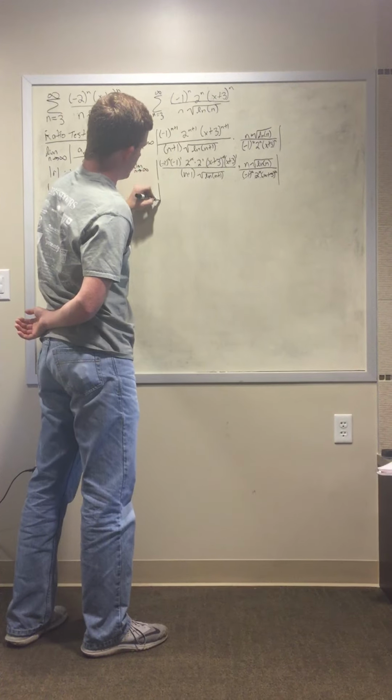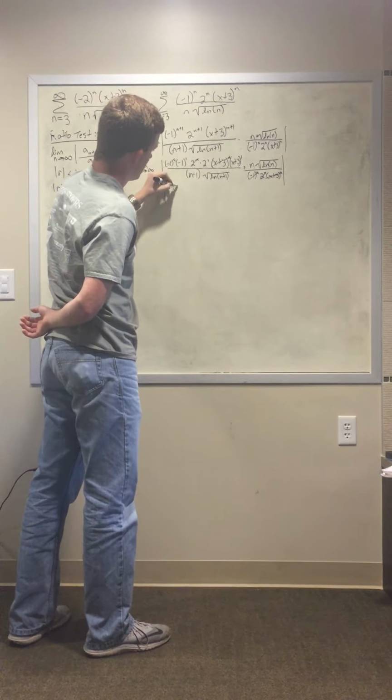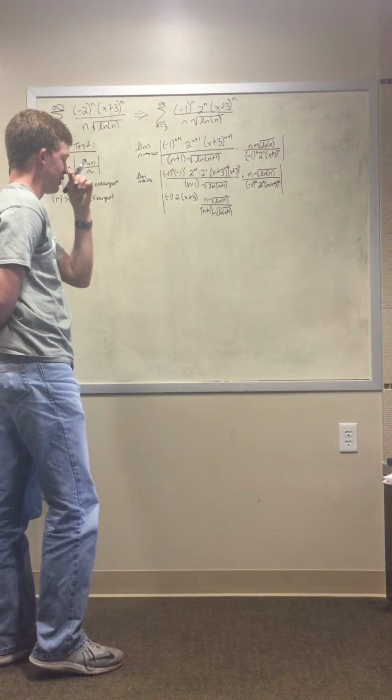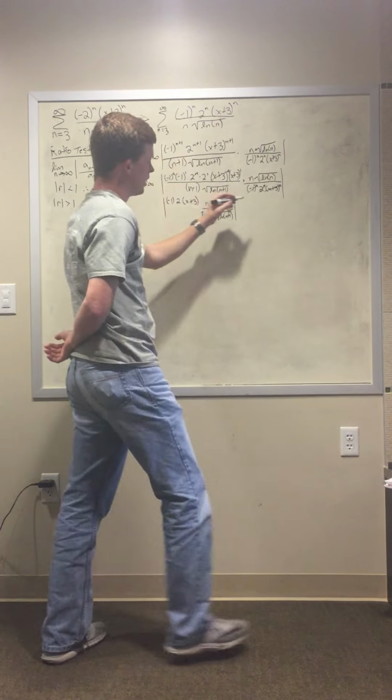We're left with a minus 1, a 2, and x plus 3 over, we'll keep the n square root of ln of n over n plus 1, over natural log, square root of natural log ln of n plus 1.